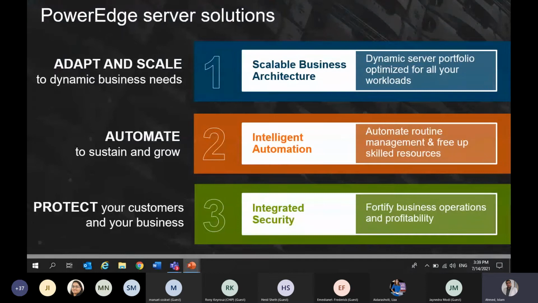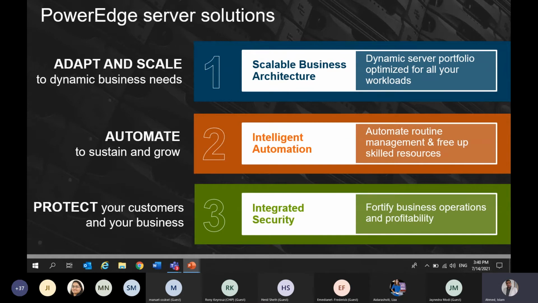Let's talk about the main reason why we should use the Dell EMC server rather than other servers in the market. The main reason is that Dell EMC actually faces the challenges that people talk about when they are asking for servers. The first challenge is that the server adapts and scales to dynamic business needs.